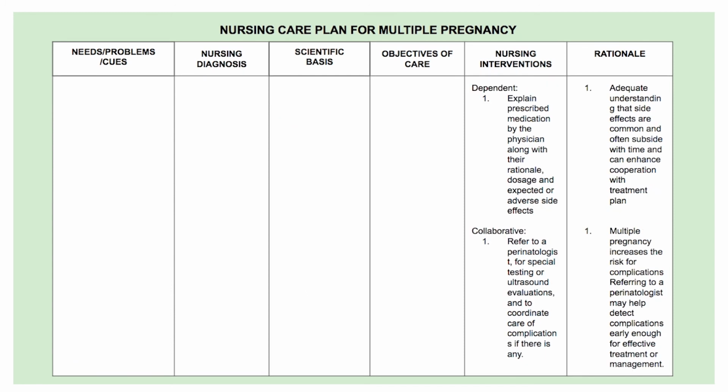For dependent nursing intervention, explain the medication prescribed by the physician along with its rationale, dosage, and expected or adverse side effects. Adequate understanding that side effects are common and often subside with time can enhance cooperation with the treatment plan.